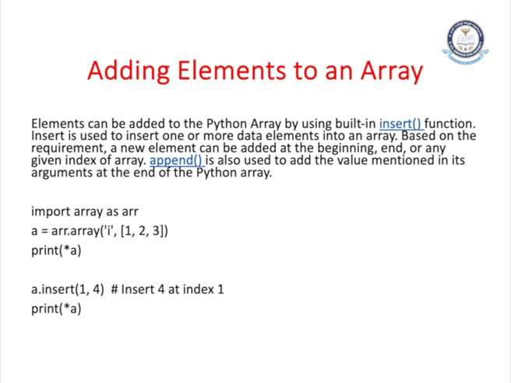Next is adding elements to an array. See here, in my array I declared the elements 1, 2, 3 only. If I want to add 4, 5, 6, 7, we can add them. Using the insert method and the append method, these two methods, you can add elements to a particular array.